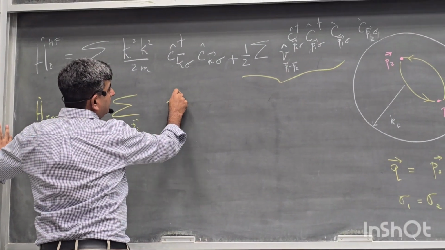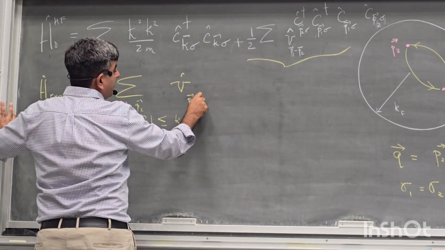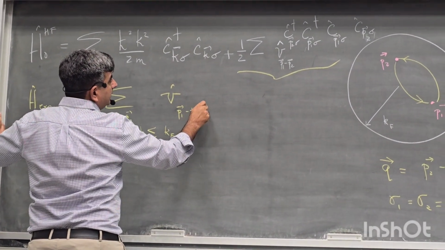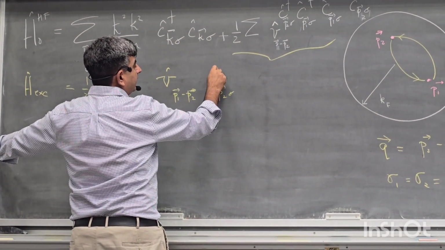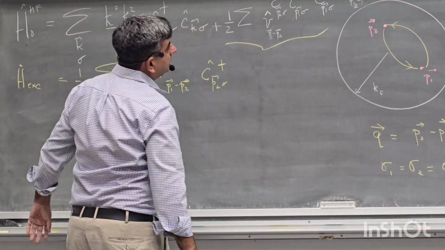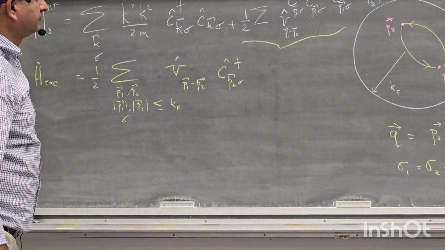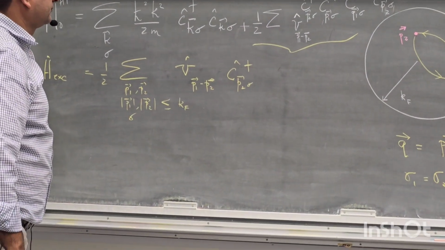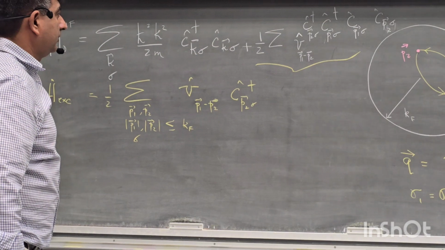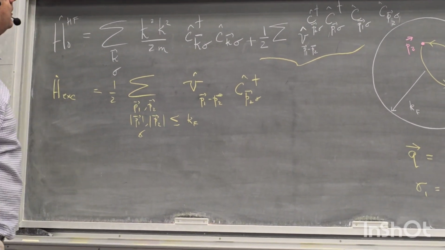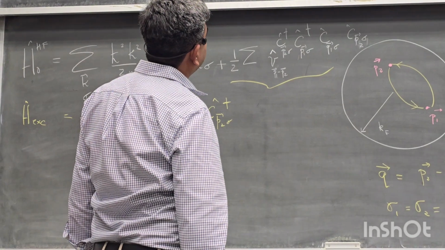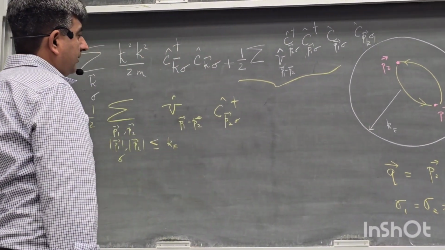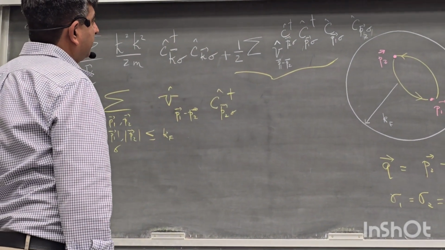V(P1 minus P2), C_P2 sigma, right? P2 minus Q is P1, P1 plus Q is P2.